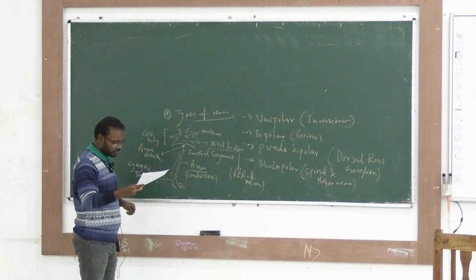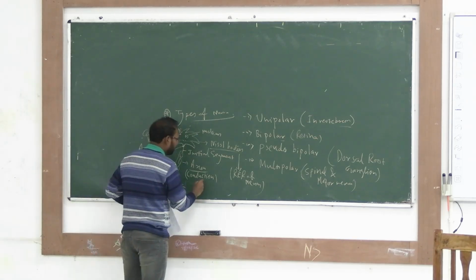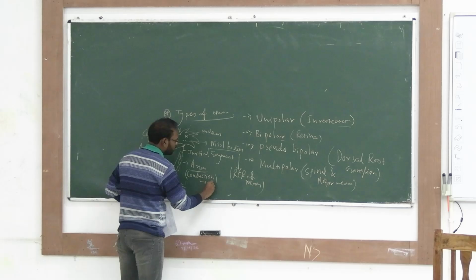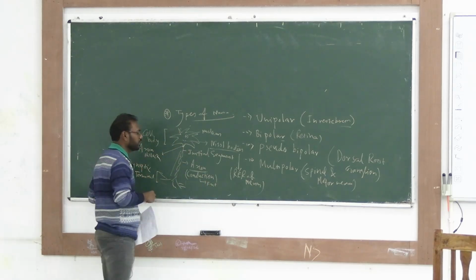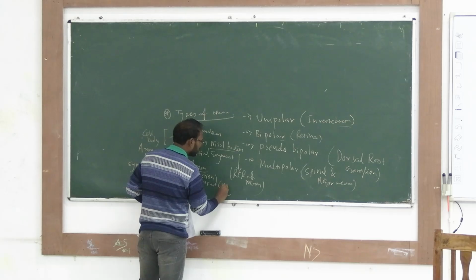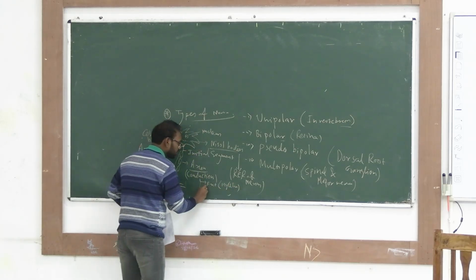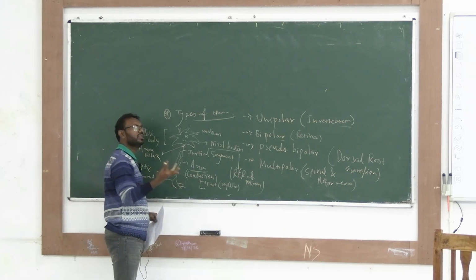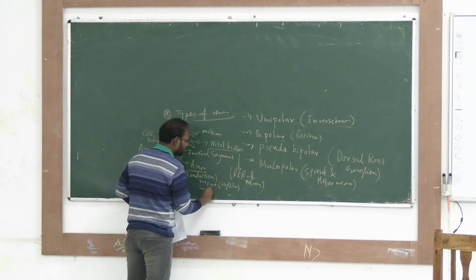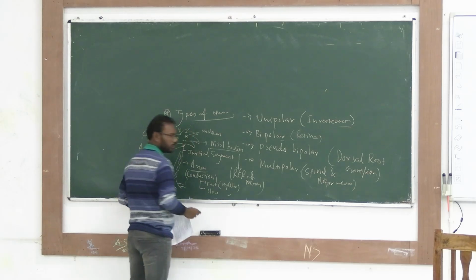This conduction through axon can be fast if these myelin sheaths are present. So fast they are because of myelin. And in some other cells where myelin sheath is less, the myelin cells are present in very less amount, the conduction will automatically be slow.